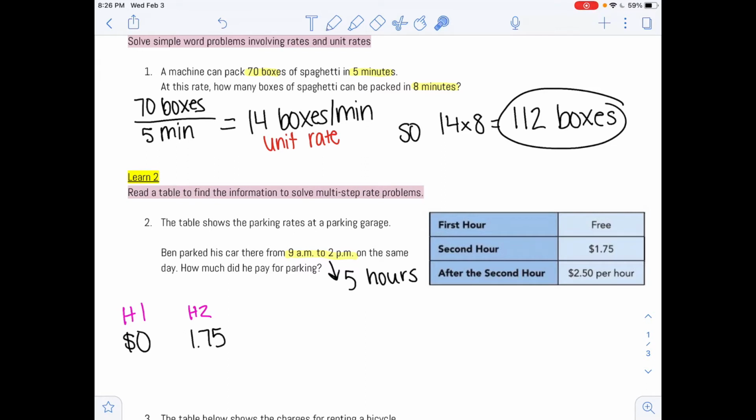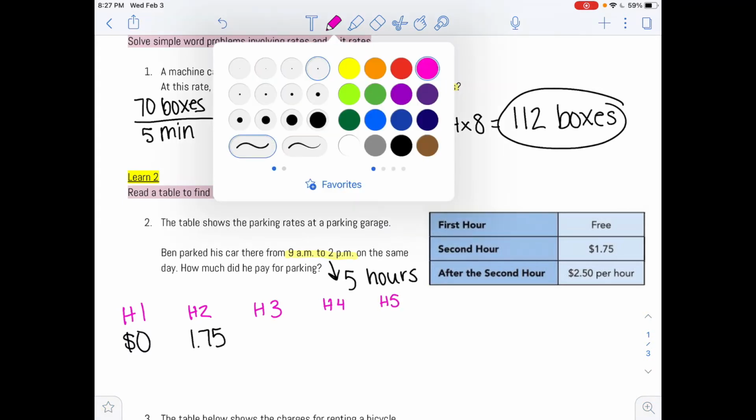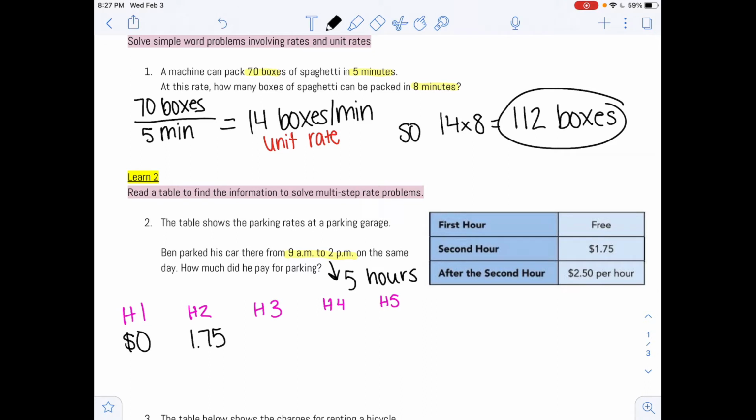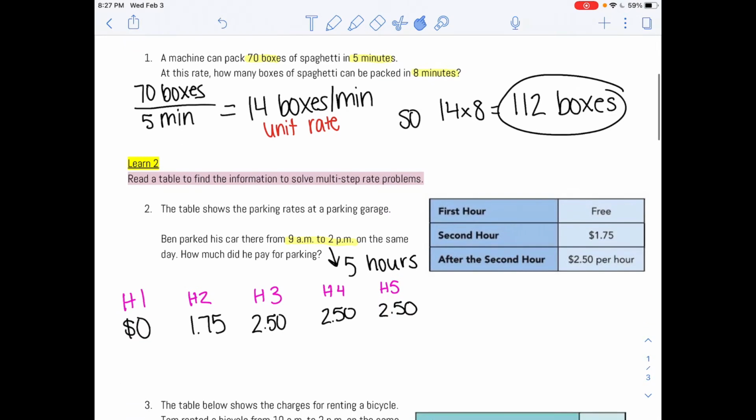And then every hour after the second hour is going to be $2.50 per hour. So we have 3 more hours to do. Hour 3, hour 4, hour 5. And each of those is $2.50. So we have our amounts for each hour. If we think about how we're going to solve, we really are going to add all of these together.